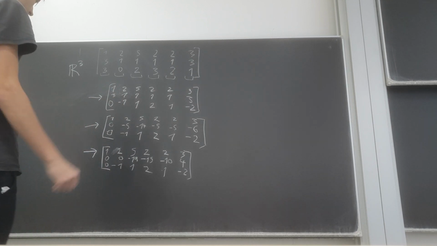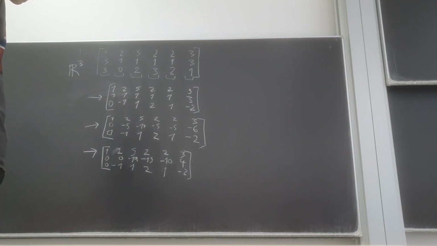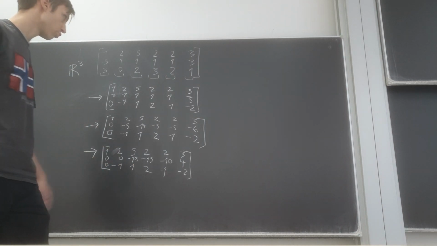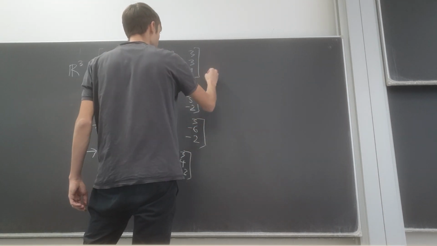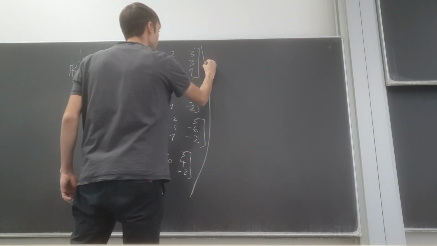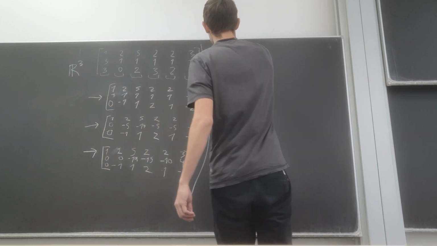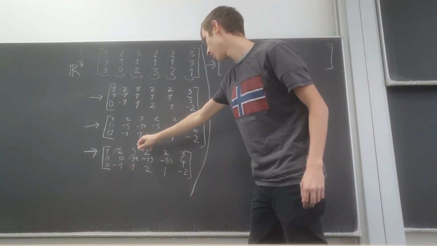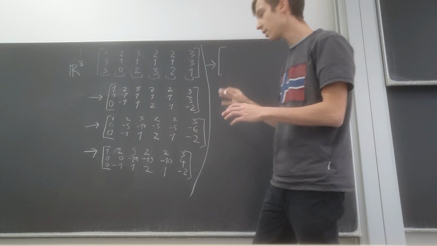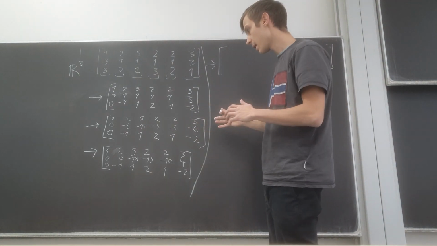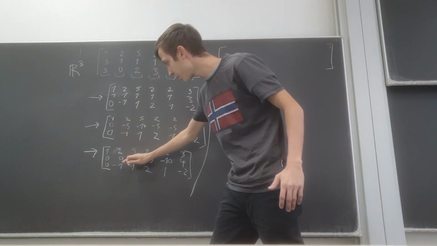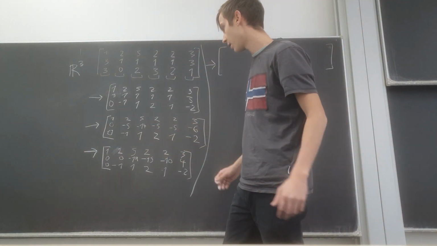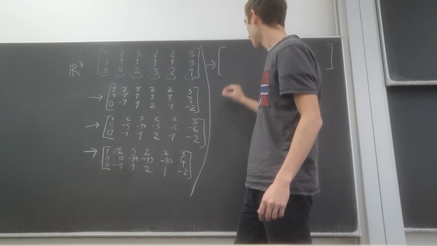Alright. Then, another thing we can do is switch. At this point, we could switch the second and the third row, for example. So, the next set of steps here. In this step, I will switch. I just want it to be organized in a way that as we go further down, there will be more zeros from the left side, because that will help us identify the pivot columns.